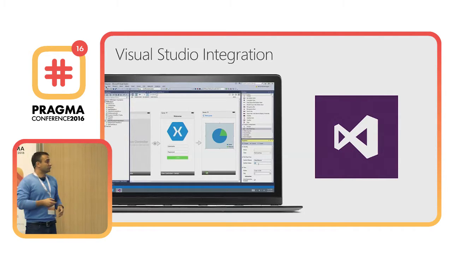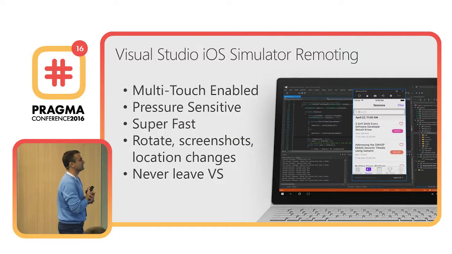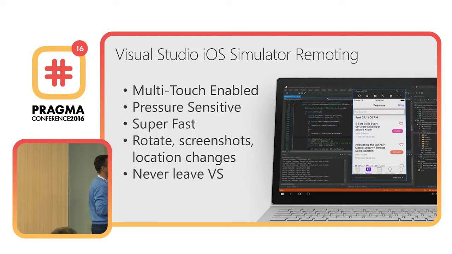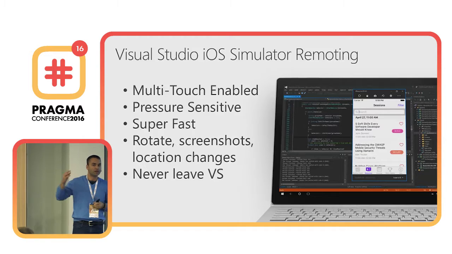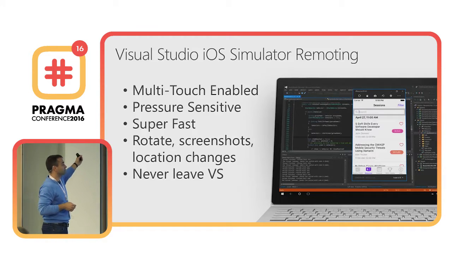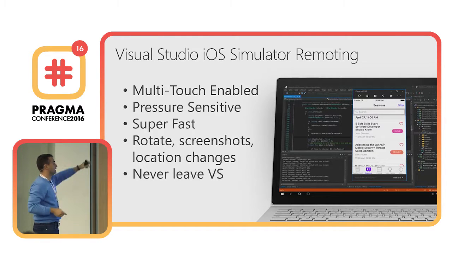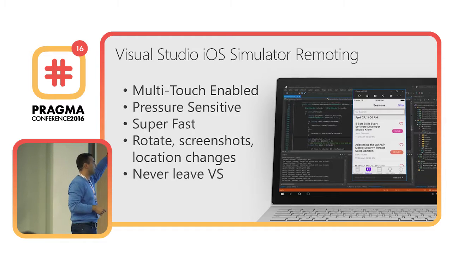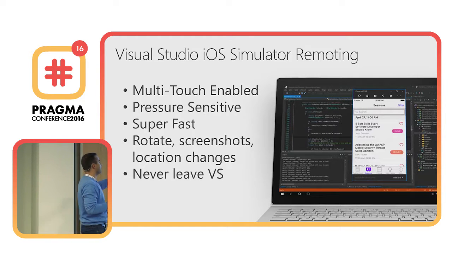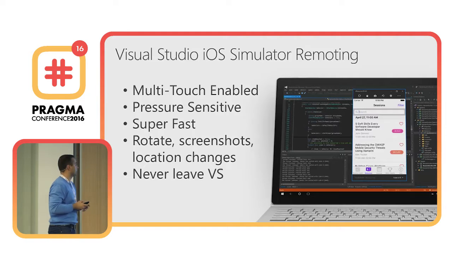Then also in Visual Studio, really nice. It's still in preview. We have an iOS simulator remoting. So they are remoting the simulator that runs on the build machine. And not only remoting, but if your Windows machine has multi-touch and pressure sensitive, the simulator on the Mac machine becomes multi-touch enabled and pressure sensitive. It's fast, it supports location.